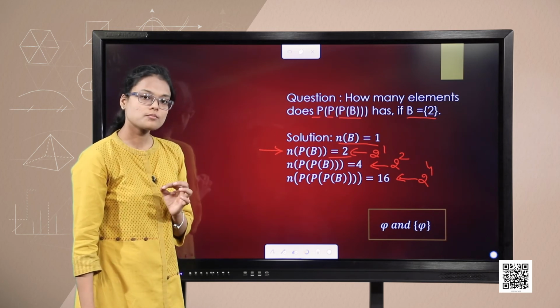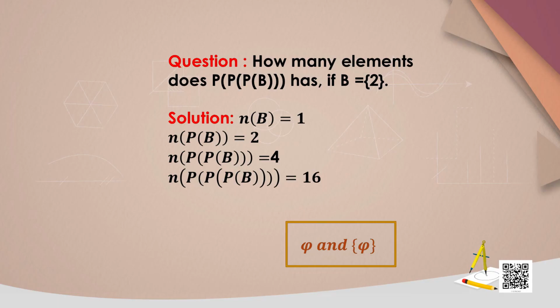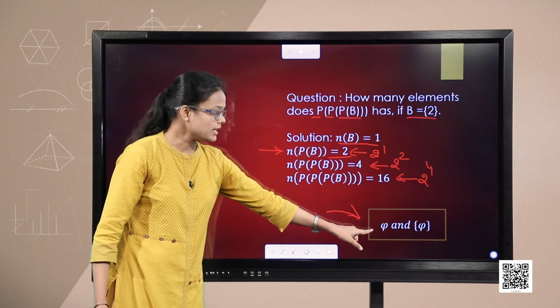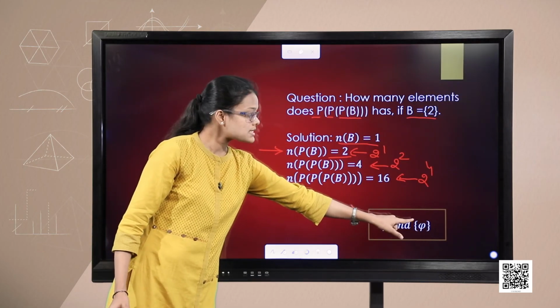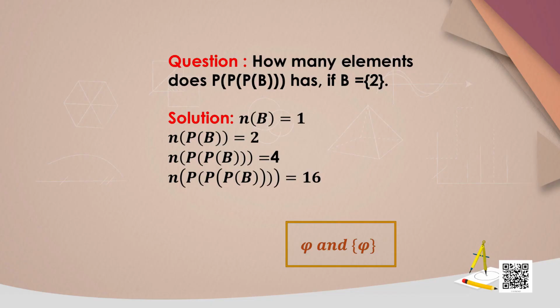Students, there is an important point. Notice, these two notations, they are different. Phi and a set which is containing phi. These two are different notations. This is representing an empty set and this is representing a set which is having an empty set.